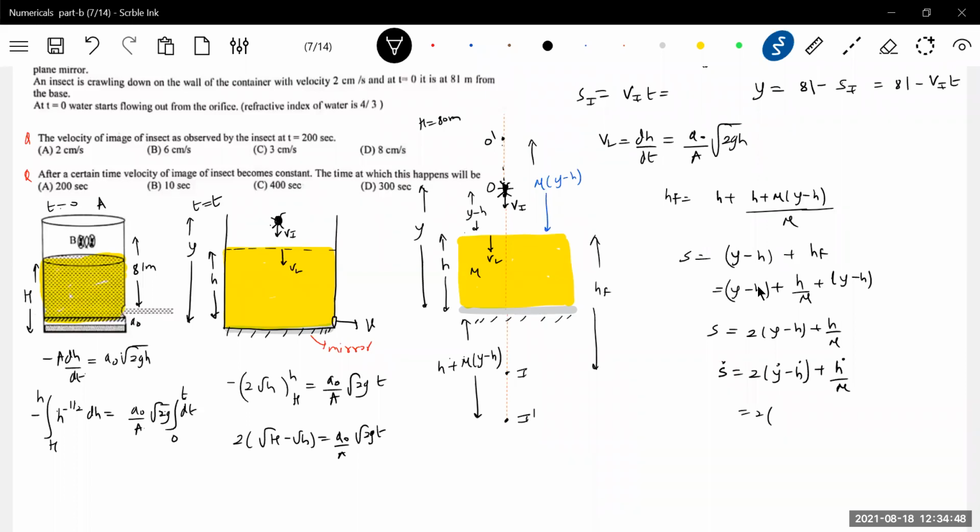What shall I write for y? Increasing or decreasing? The level decreases, so it should be negative, no? The velocity of the image only should be taken. The velocity of the image is given, no? 2 centimeter per second.